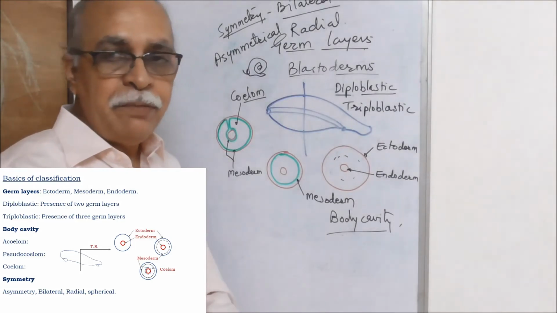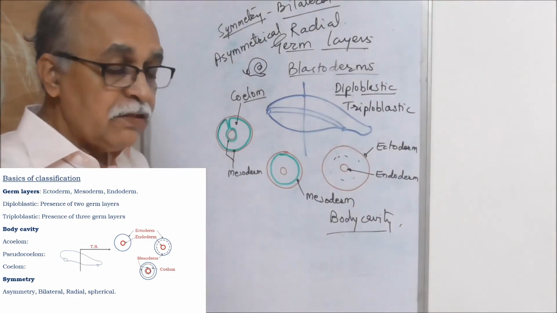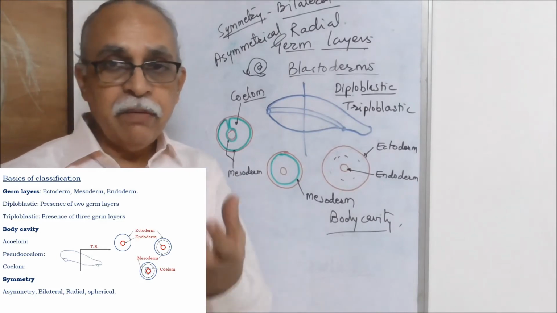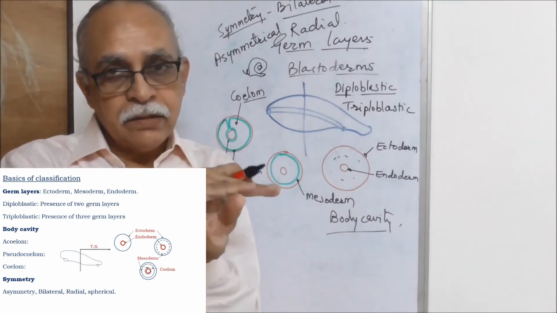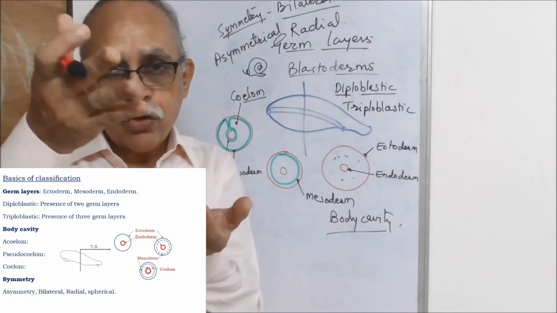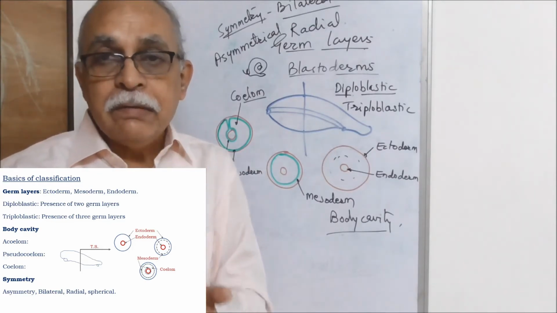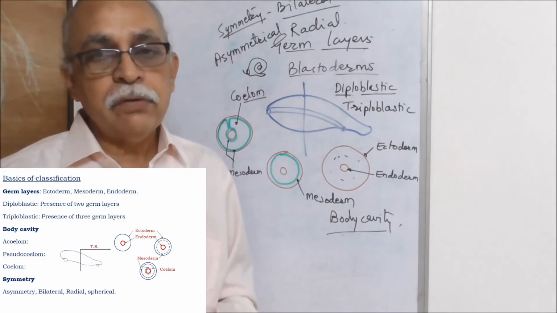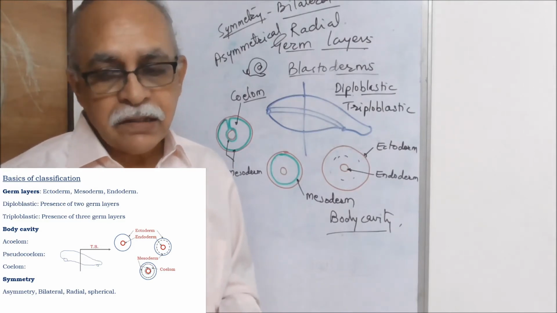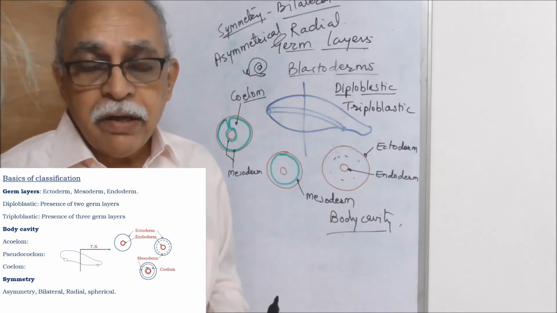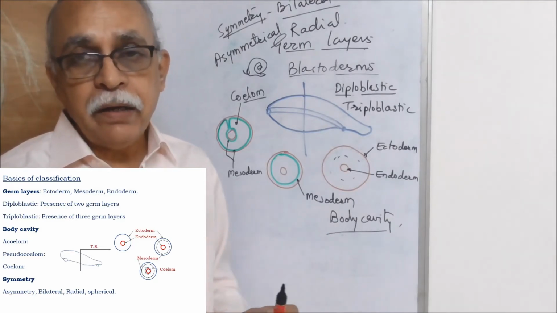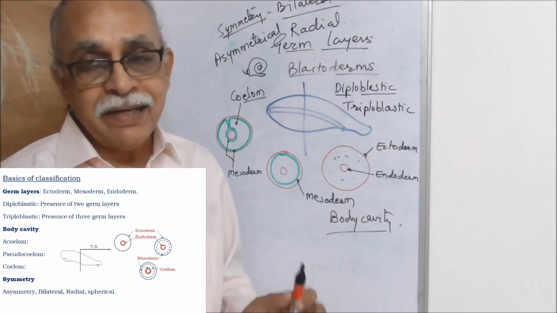There is one more type of symmetry, called spherical symmetry. Imagine a ball, cut it vertically, two equal halves, horizontally two equal halves, obliquely two equal halves. That's called spherical symmetry. But keep in mind, spherical symmetry is not exhibited by any animal as such.